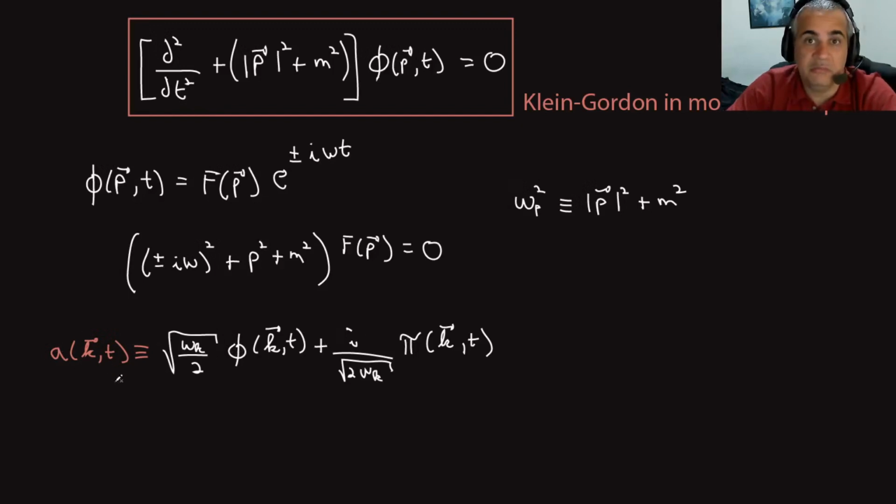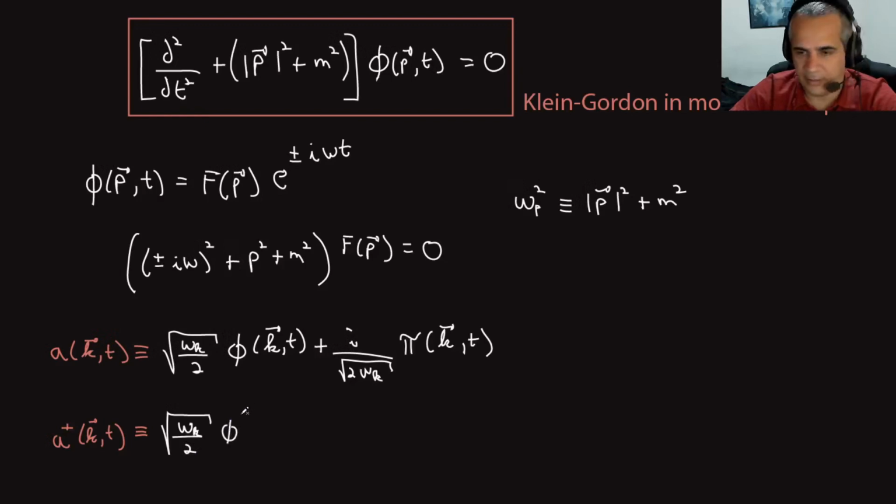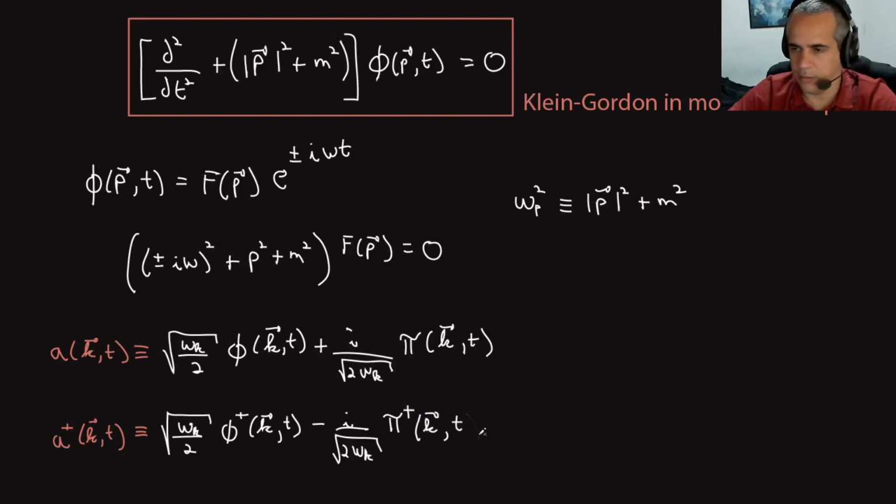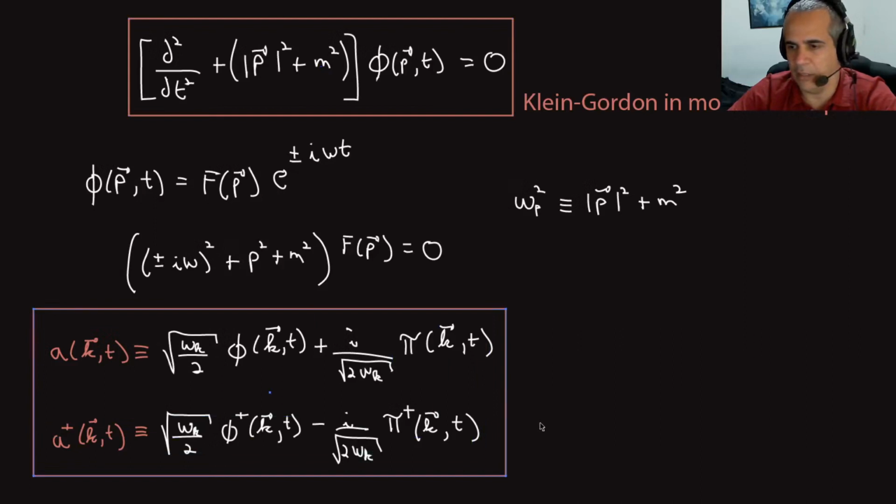Of course, this guy is a field, and this is also a field. And a dagger is, of course, the dagger of that: the square root of omega_k over 2 times phi dagger of k, t minus i over the square root of 2 omega_k times pi dagger of k, t. So these are the definitions of a and a dagger.